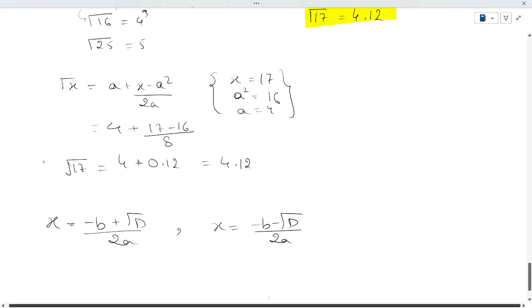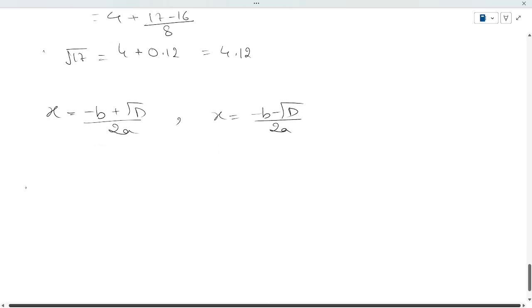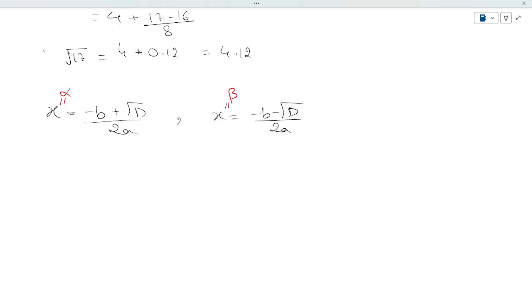Let's say one root is alpha and another root is beta. You can take any other terms as well. If you add, the sum of the two roots will be minus b upon 2a plus under root d upon 2a, minus b upon 2a minus under root d upon 2a.